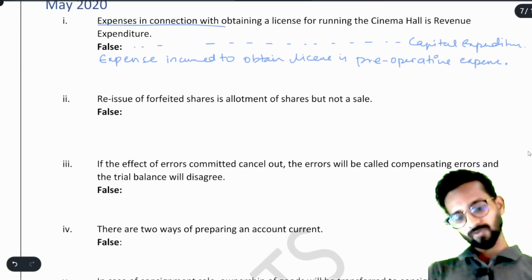Next, reissue of forfeited share is allotment of shares but not sale.